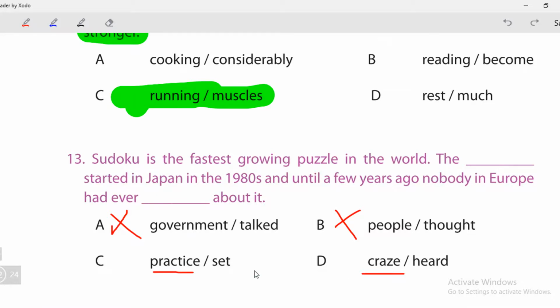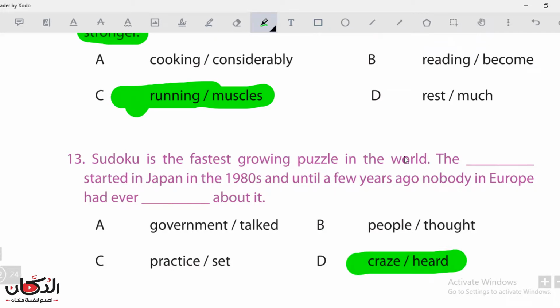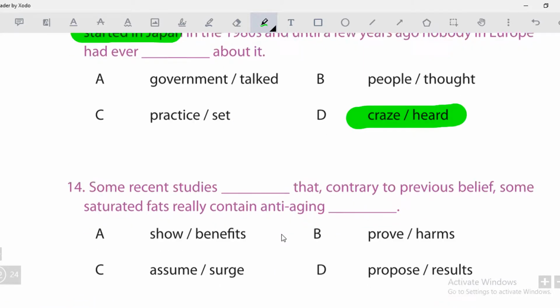Maybe, so look for the second part: and until a few years ago, nobody in Europe had ever... You cannot say 'said about it'. So the correct answer here is D. You're right. Excellent. So the craze started in Japan, and nobody had ever heard about it.